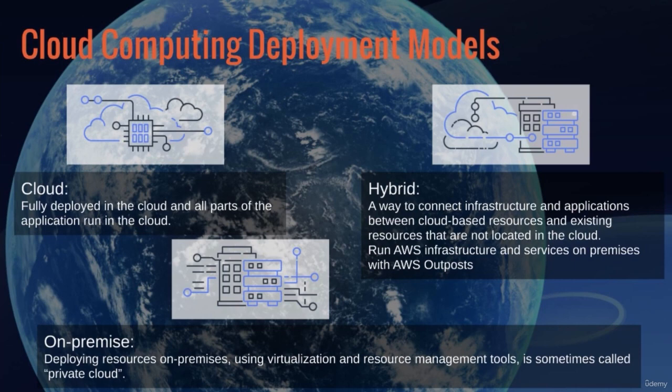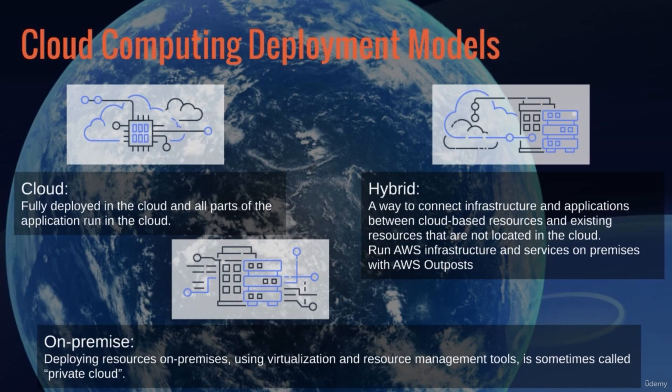The next is a hybrid deployment, and that is a way to connect infrastructure and applications between cloud-based resources and existing on-premises resources. This can allow an existing on-premises infrastructure to extend and grow an organization's infrastructure into the cloud while connecting those cloud resources to our remaining on-premises infrastructure.